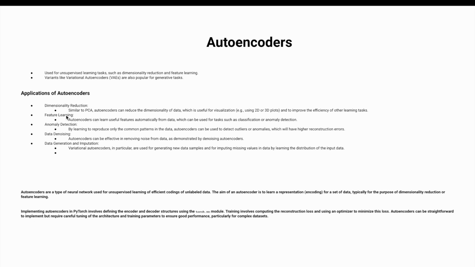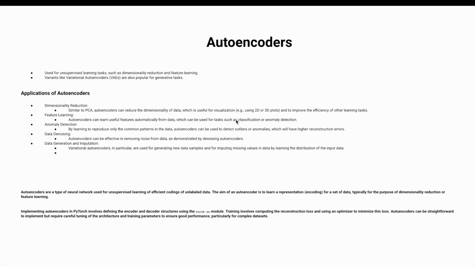Autoencoders can also be applied for feature learning. They can learn useful features automatically from data, which can be used for tasks such as classification, when we are classifying the cats and the dogs and the cows, or anomaly detection.